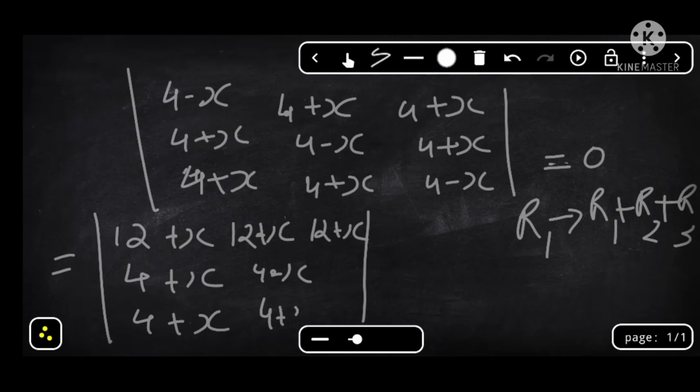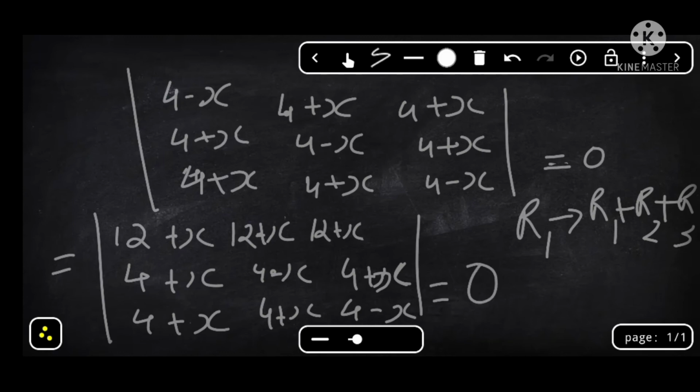Four plus x, then 4 plus x, 4 minus x. Okay, that is equal to 0.